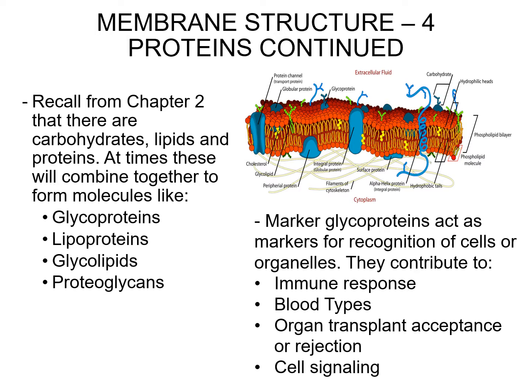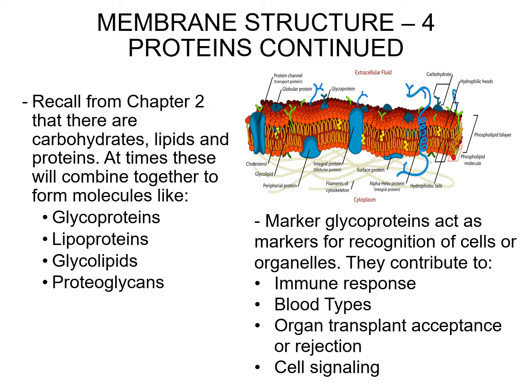As we just discussed on the previous slide, proteins can be their one-man show and just do their own thing, but they can also combine with sugars and fats and have really neat specific functions. And it's not just proteins too. Sugars and fats can get together by themselves and do some really neat things.